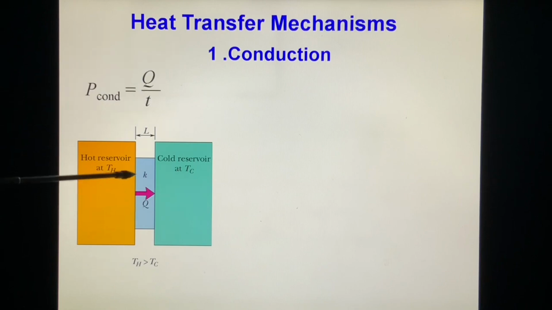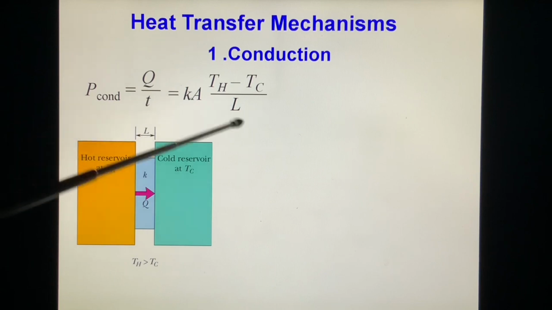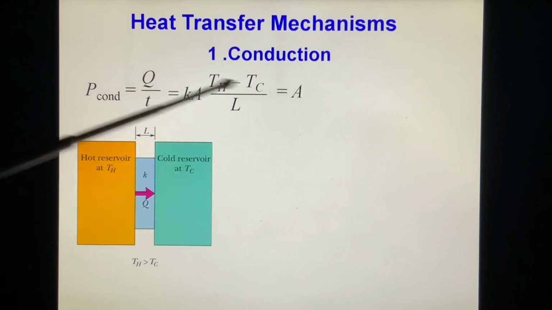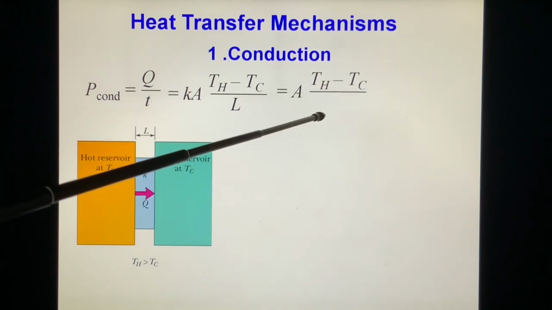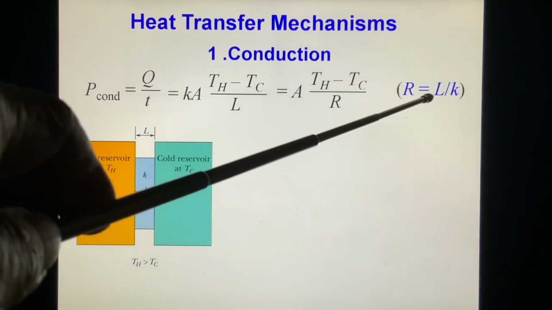It depends on the material K and the cross area A. Definitely, the larger the A, the larger the Q. It is also proportional to the temperature difference TH minus TC, and inversely proportional to the thickness L. We move L to the bottom, and you can rewrite it as A times (TH minus TC) over R, where R equals L over K, which we call the thermal resistance.